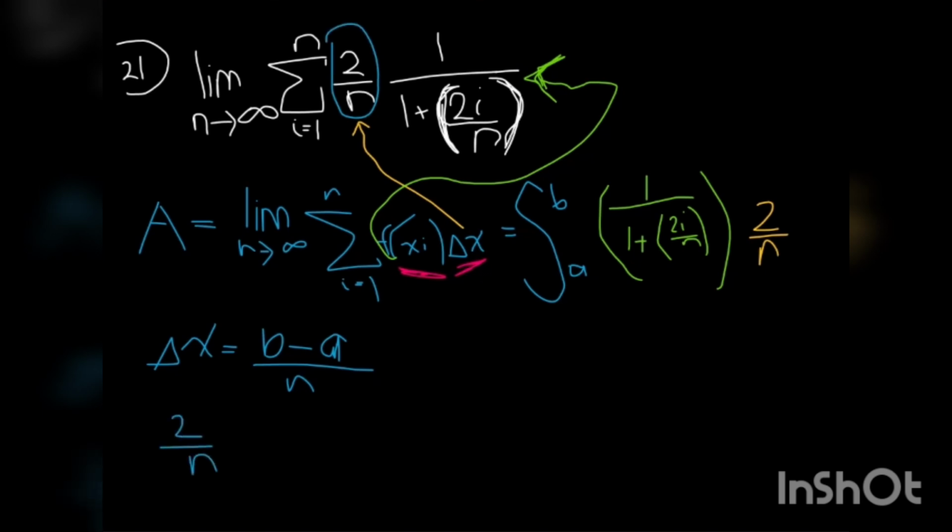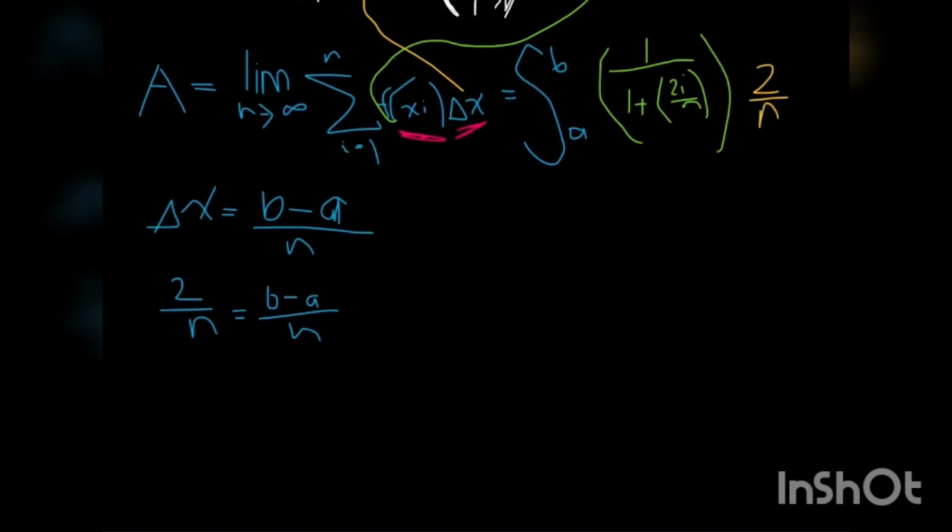So 2 over n equals b minus a divided by n. All I do here is multiply both sides by n, and the n's cancel out.